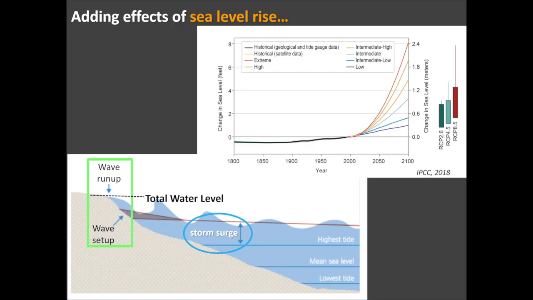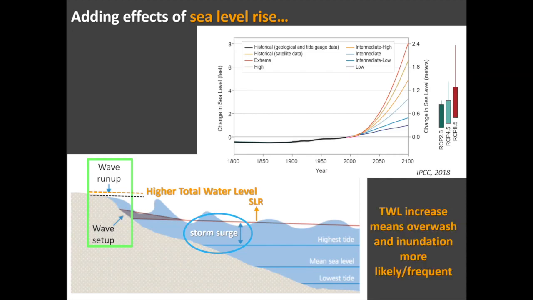So sea level has been rising for a long time, but of course what we know about the future is that sea level rise rates are expected to increase, and increase rather rapidly. So what about the effects of sea level rise on the processes that I just described? Well, sea level rise basically means that the total water level achieved during storms will be even higher than it has been historically.